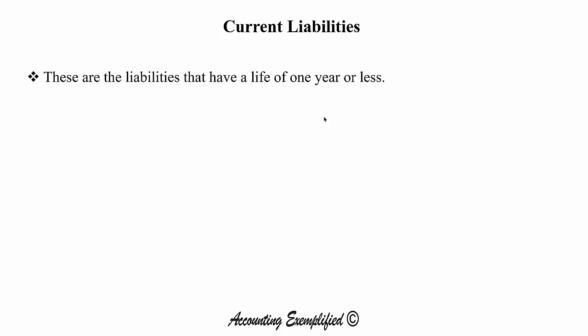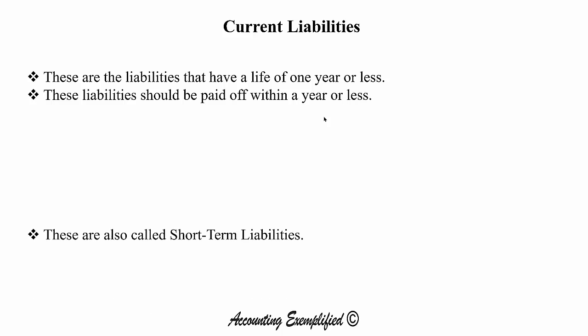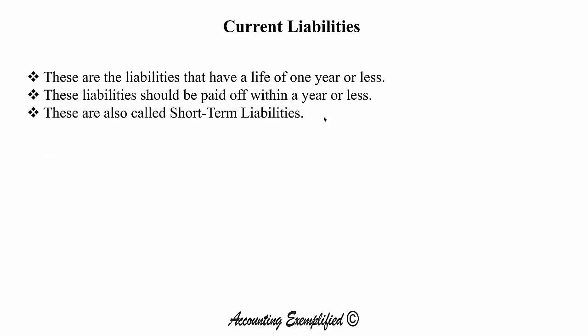Now we will review the concepts related to accounting of known current liabilities. These are the liabilities that have a life or term of 1 year or less. That means these liabilities should be paid off within a year or less. And they are also sometimes called short-term liabilities. Now, what are the different types of current liabilities?